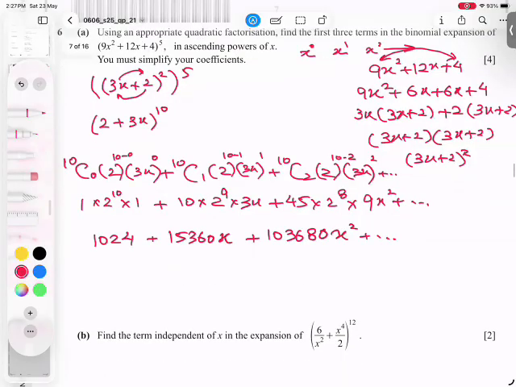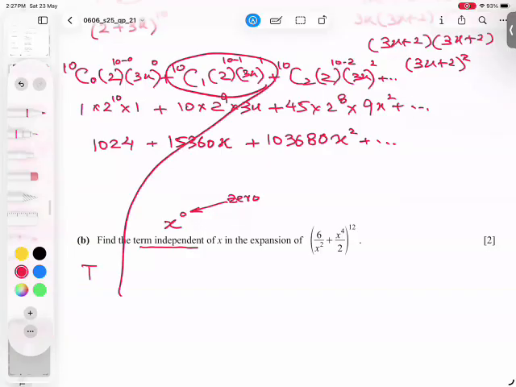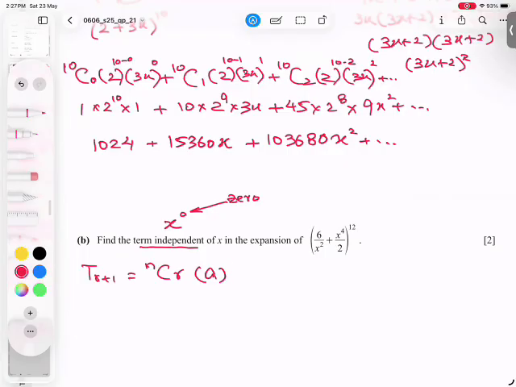And let's go for the next part. Now he's saying term independent of x. Independent means when x to power is 0. We have a special formula, the same formula as here, but with r plus 1, same form. So here we write nCr, a to power n minus r and b to power r.